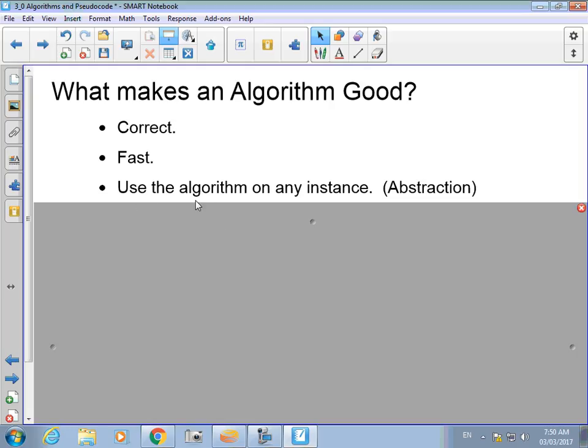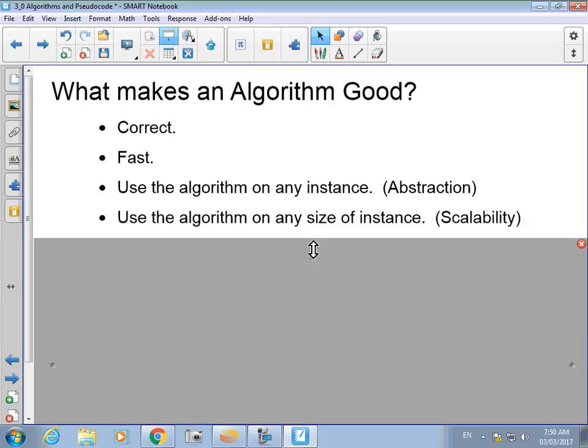An algorithm is good if we can use the algorithm on any instance. We talked about our earlier problem not dealing with the empty set, for instance. This has a computer science term to it, abstraction. Does your program or does your algorithm work on any test case? The algorithm on any size of instance. So, scalability.